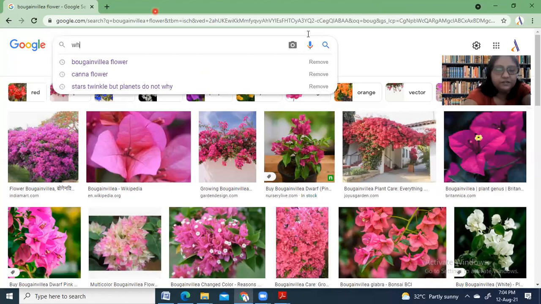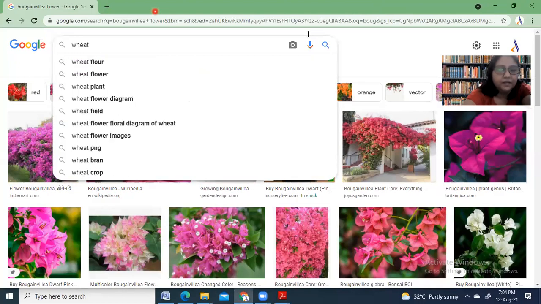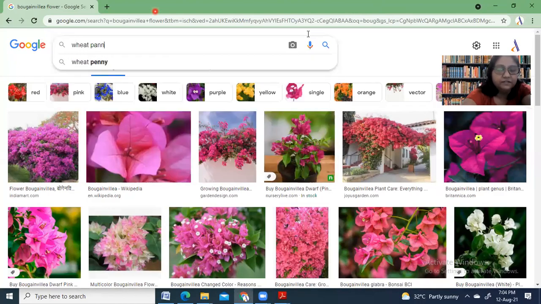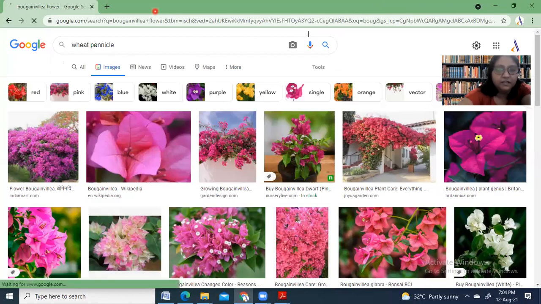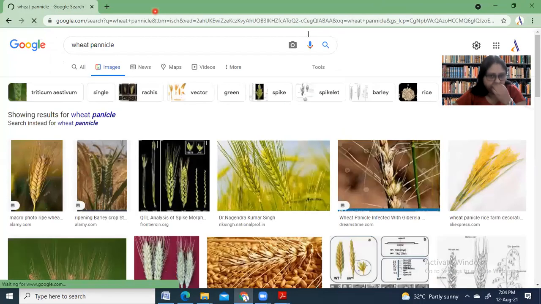So wheat, panicle. Can you see these grass-like structures present in case of wheat?